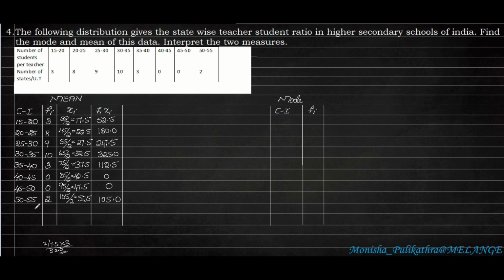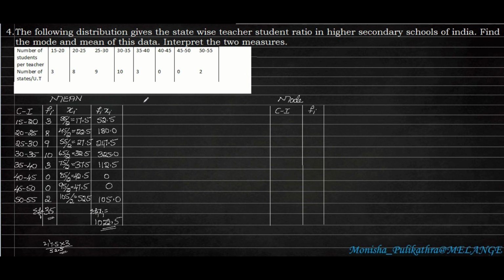Next we take the grand total of both Fi and summation Fi xi. When we add all these numbers, we get 35 as summation Fi, and summation Fi xi as 1022.5.